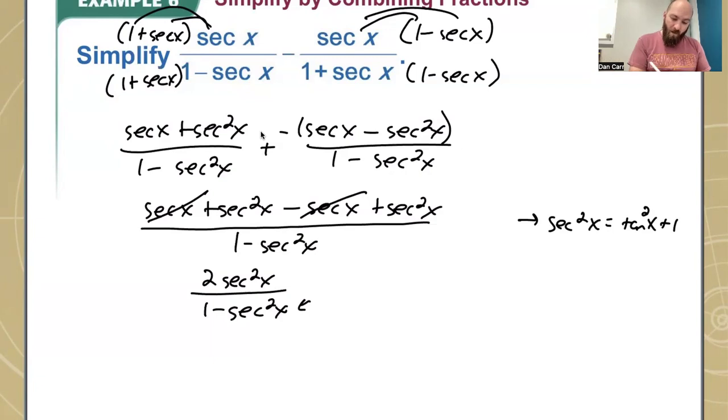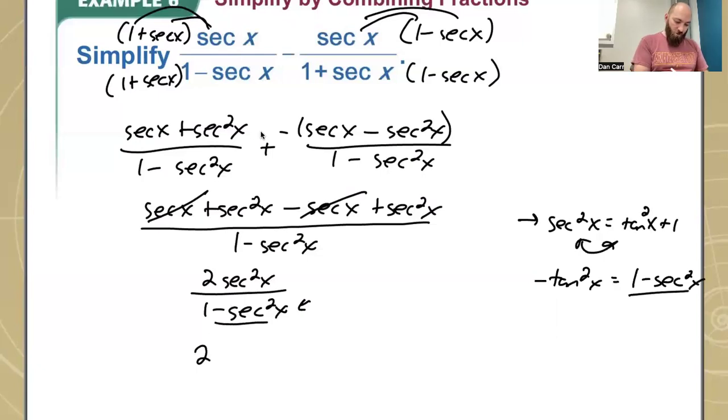I'm basically just swapping these two. So it's going to be a negative tangent squared x equals 1 minus secant squared of x. Okay, so this can replace this now. So I get 2 times the secant squared of x over the negative tangent squared x.